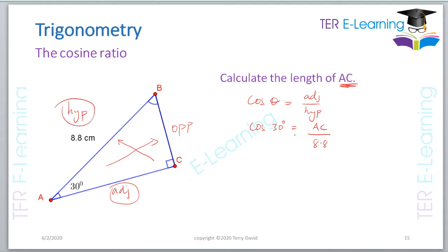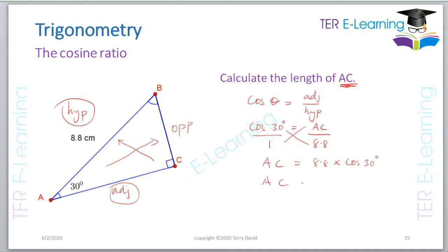Now, at this point, we're going to write cos 30 as cos 30 over 1 because I'm going to have to cross multiply, right? So what we're saying is that this multiplied by this is equal to AC by 1. But I want AC to be on my left-hand side. So therefore, AC is equal to 8.8 multiplied by cos 30 degrees.